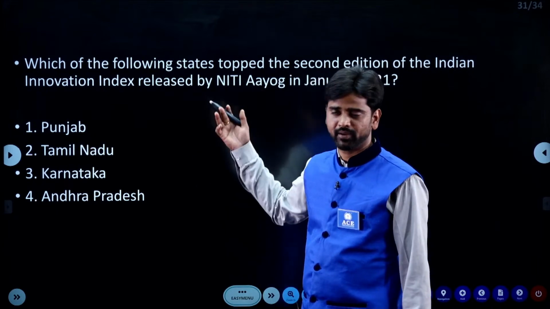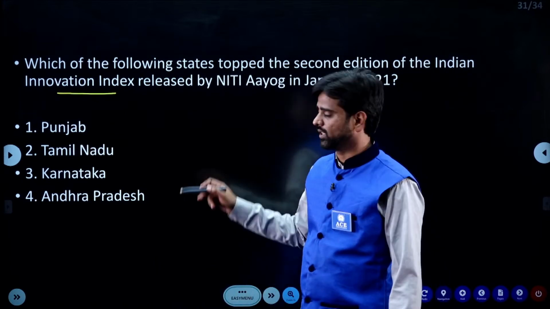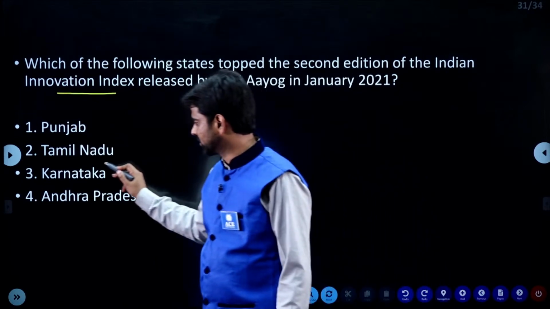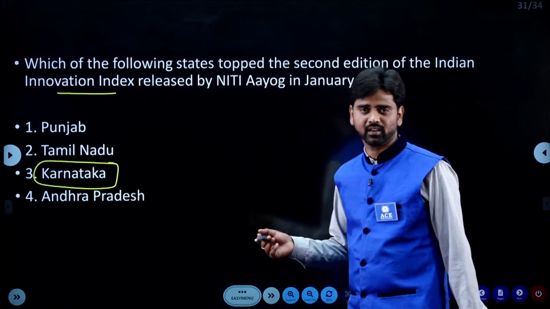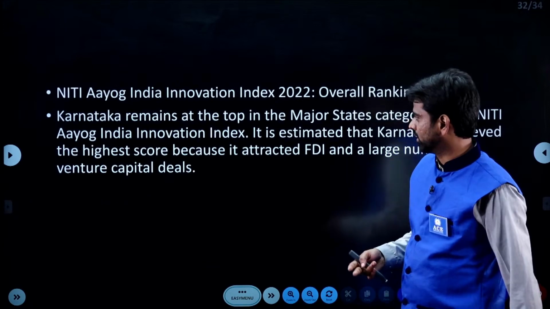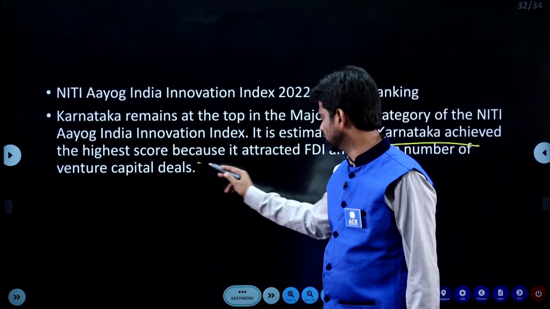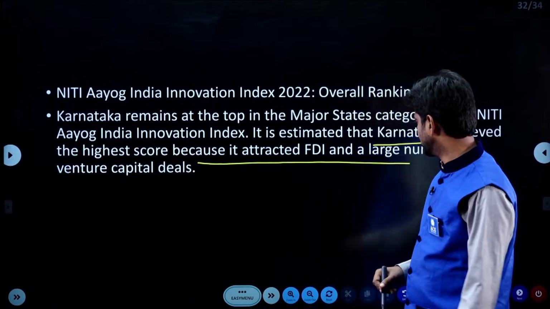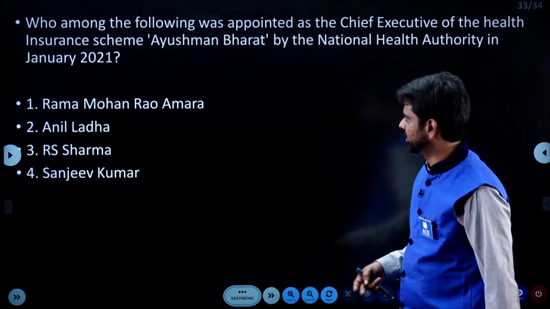Based on these parameters, they create the India Innovation Index, published by Niti Aayog. Obviously the answer is Karnataka, guys. Karnataka achieved the highest score because it attracted large FDIs and a large number of venture capital deals. Very simple, very easy.